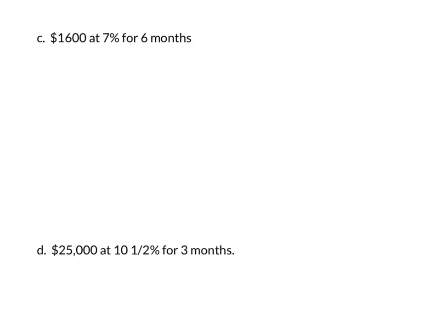C, we have $1,600 at 7% for 6 months. Okay, so let's see what we can do here. We have our formula. And we plug in, so we get P is 1,600. Our R is 0.07.